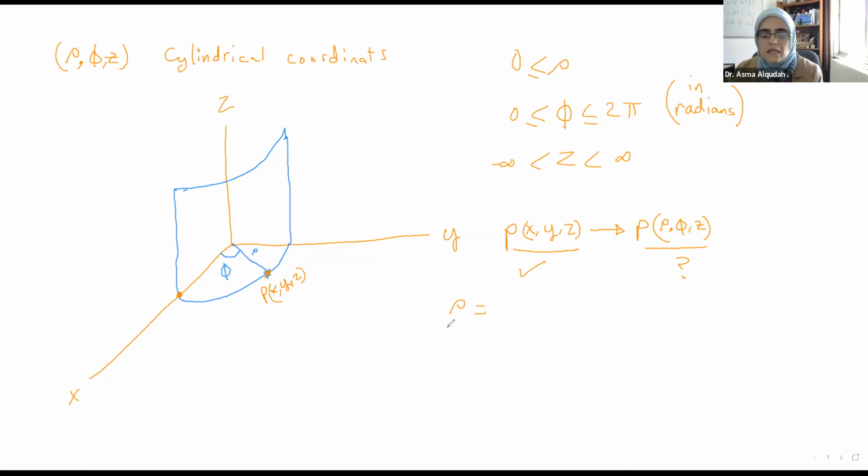In order to find the equivalent component rho, this distance is x, and this distance is y. So the relation between x, y, and rho is as follows.